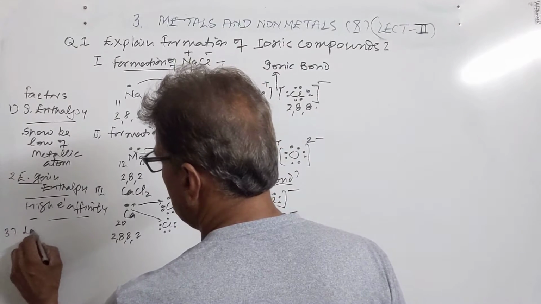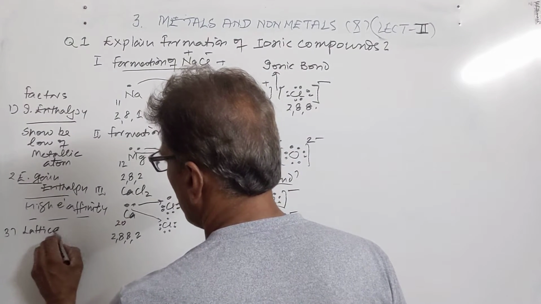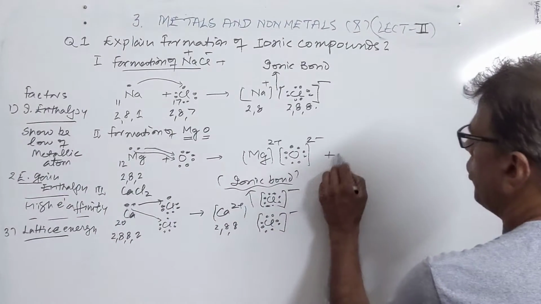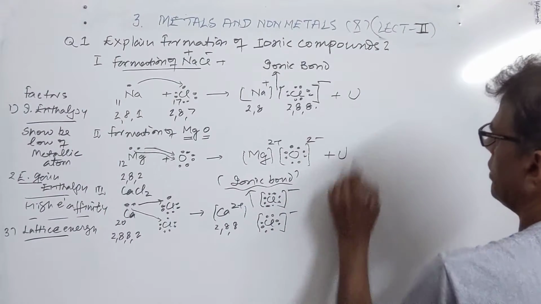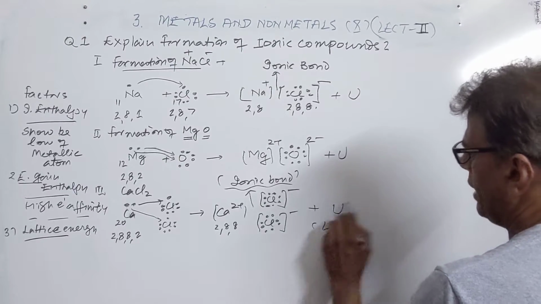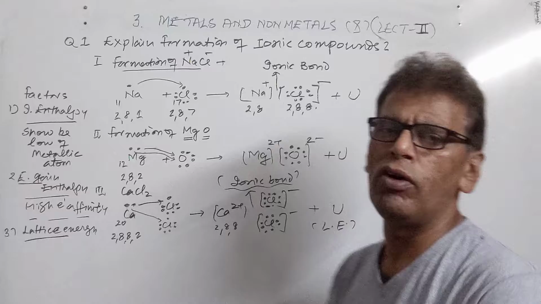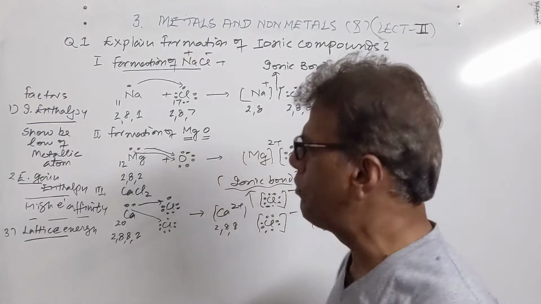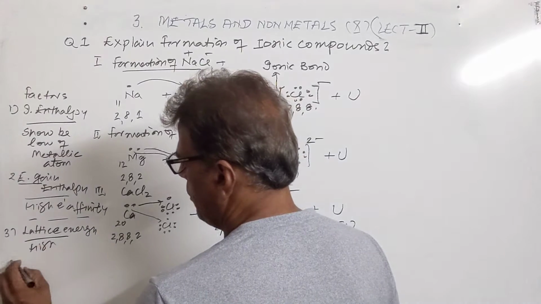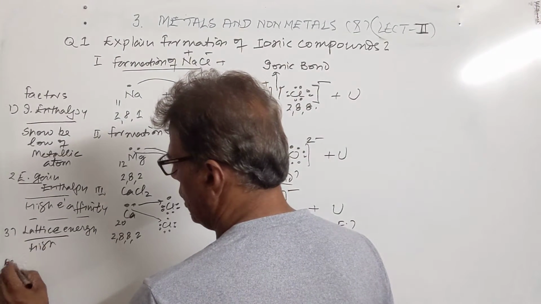Then third is lattice energy. It is the energy released when 1 mole of ionic compound is produced from its ions. This is represented by U. If lattice energy is high, it means a strong force of attraction is formed between oppositely charged ions. It should be high. It depends upon charge on ion.